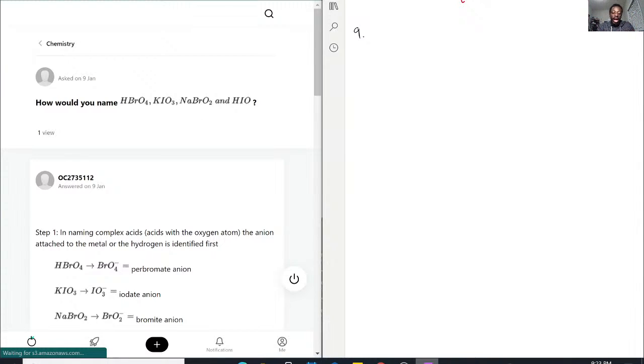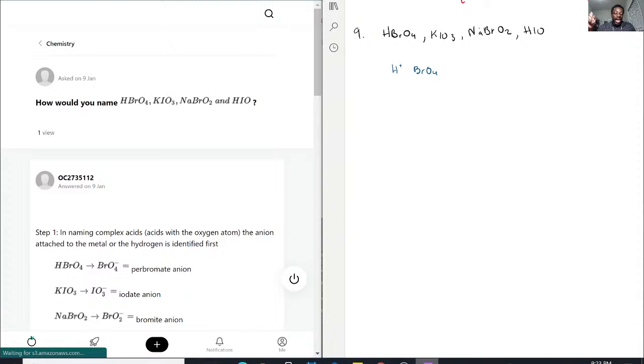HBrO4, as they show here, one of my colleagues that I'm just going to refer to, I do see the beginning of it. It actually is a good idea to separate these by their anions and cations. So we have KIO3, NaBrO2, and HIO. Okay? So with that being said, HBrO4 is a hydrogen and BrO4.